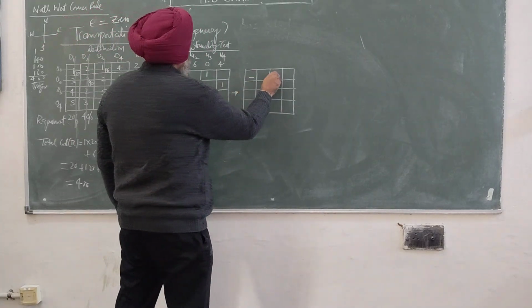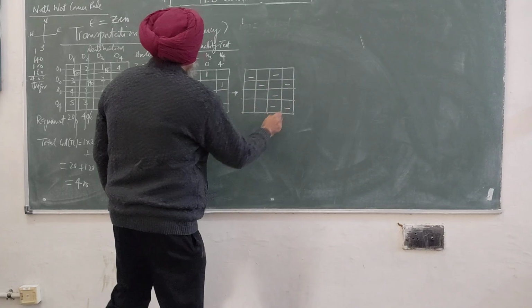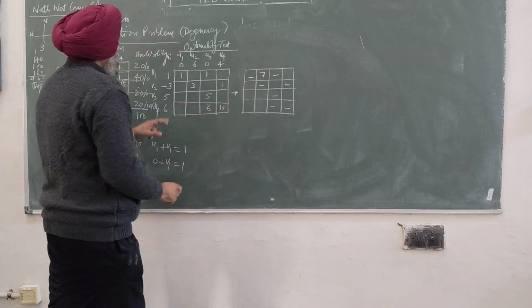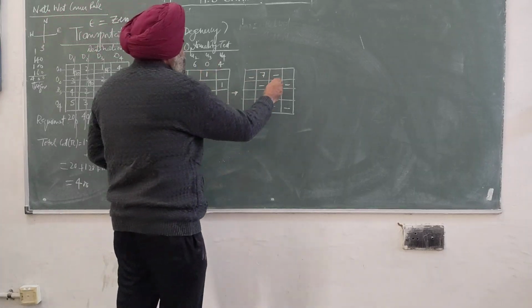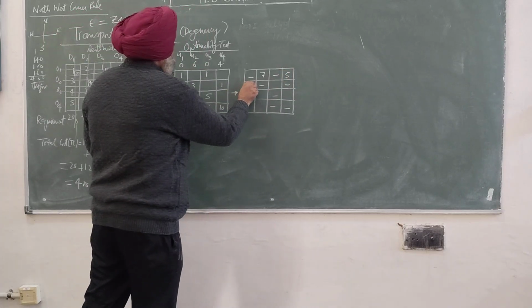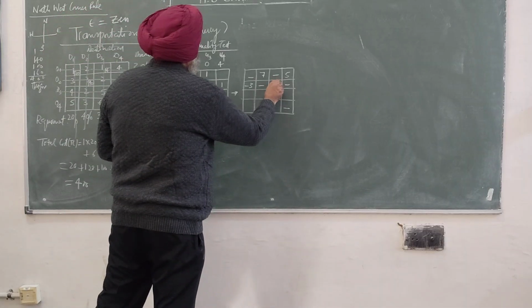Here there is an allocation, we put a hyphen here. If you add 1 plus 6, this is 7. If you add 1 plus 4, this is 5. This is minus 3, 3 minus 3 plus 0, minus 3. Again this is minus 3.